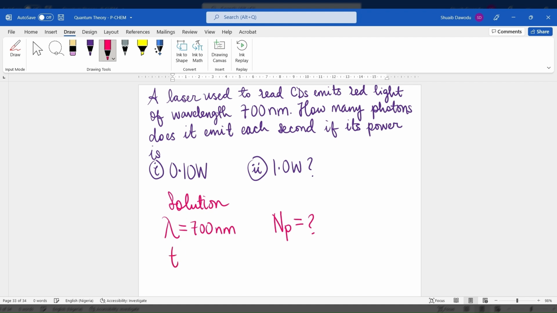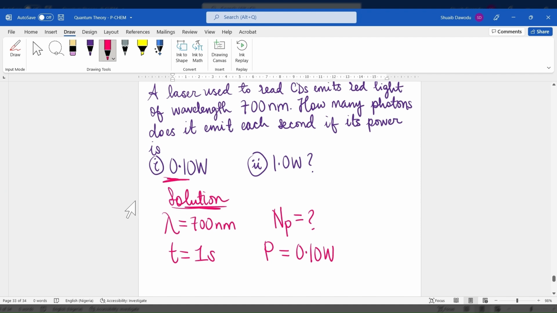The time is going to be 1 second, if its power is 0.10 watts for the first question, and then 1.0 watts for the second question. I'm going to start with the first question, and when we solve that, we can go on to the second question. So the power is simply 0.10 watts. Now we're asked to solve the number of photons emitted each second at this particular wavelength.